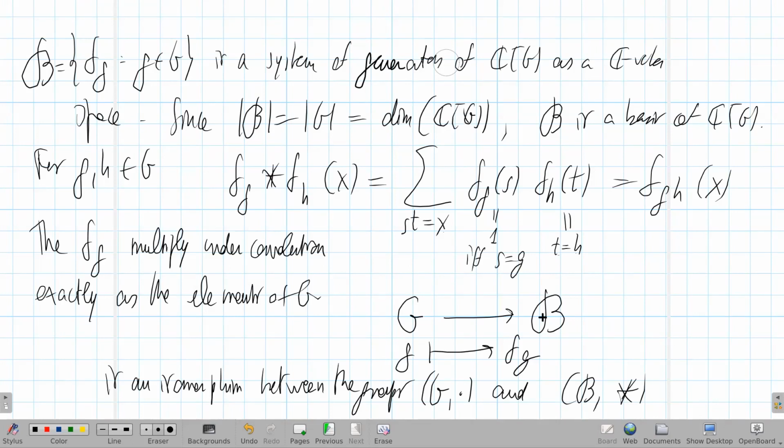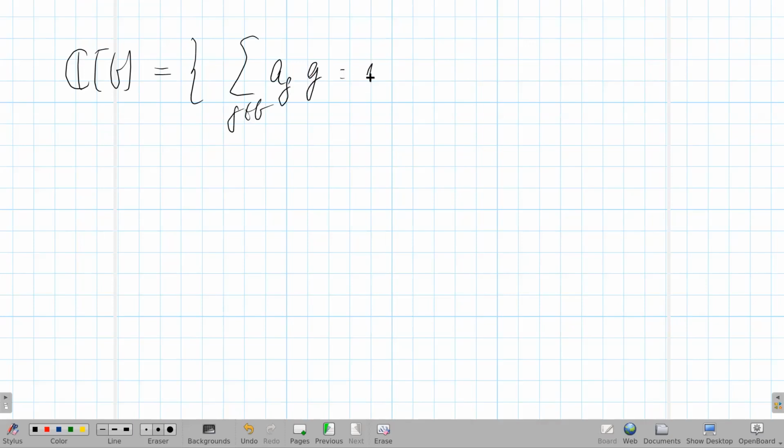This means that in practice, in the literature, you will find CG defined, say, as the set of linear combinations, say something like the sum of A_G G, G in G, where A_G are complex numbers.